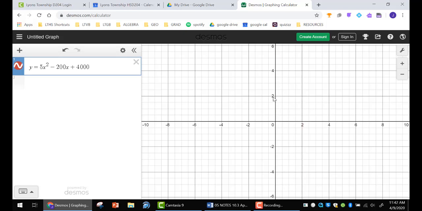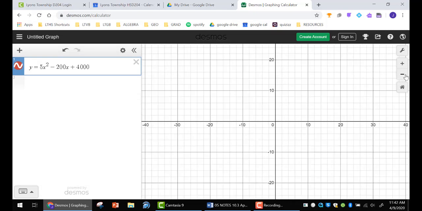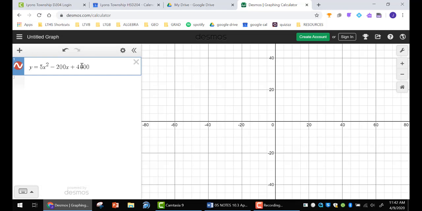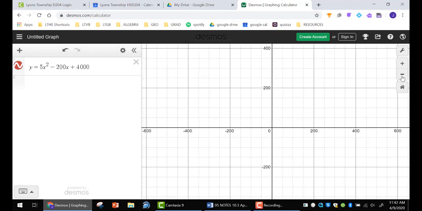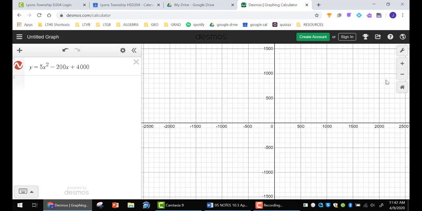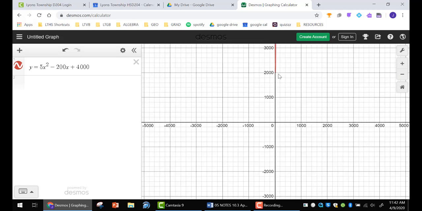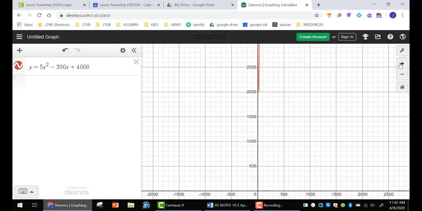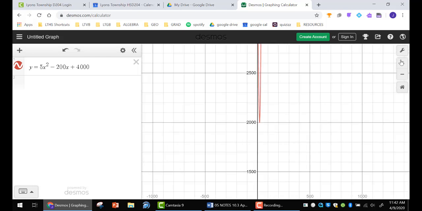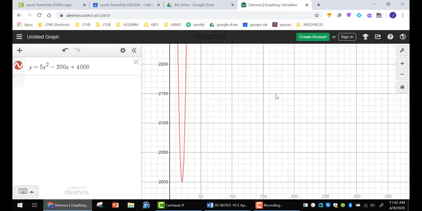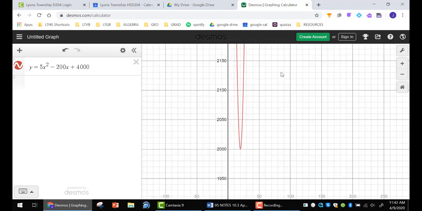Okay, I can see absolutely nothing on this graph, which means I'm going to need to do some zooming. I'm going to zoom out because I also know I'm trying to hit this 4,000 as the y-intercept, trying to find that smiley face. I'm going to keep zooming out. Oh, there we go. Now I see this. Then I can zoom in so I can see a little bit closer what this function looks like. There we go. So here is my parabola.